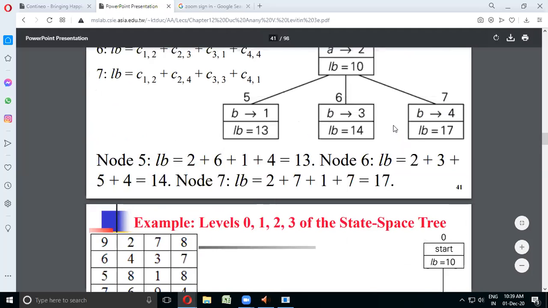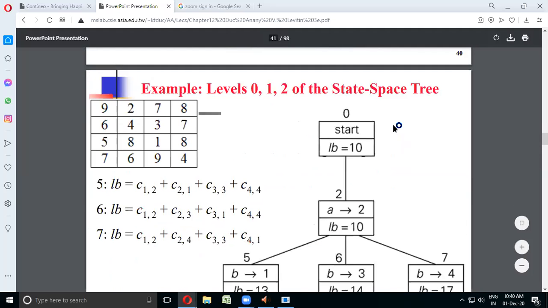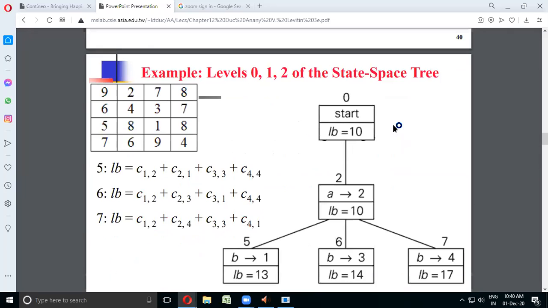We'll understand. 2 plus 7 plus 1 plus 7. That is, first person is assigned the second job, and then second person is assigned the fourth job, and third person is assigned the third job, and fourth person is assigned the first job. So now among all this, which is going to be the feasible solution? So how will we get the feasible solution? That 13, 14 and 17, they are all compared.